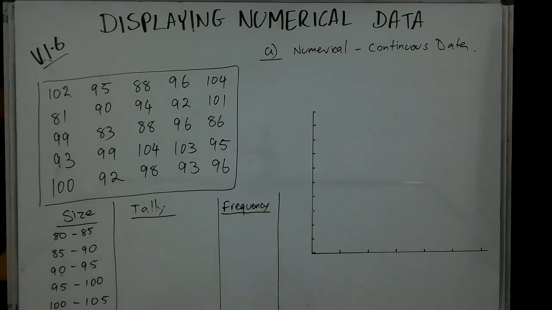That should cover all the data. Don't forget, if we get exactly 85, it doesn't belong in this category, it's the next one up.